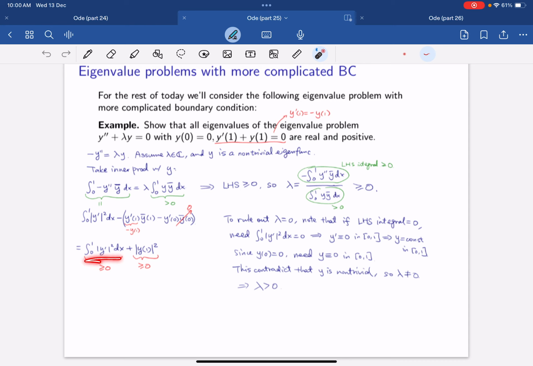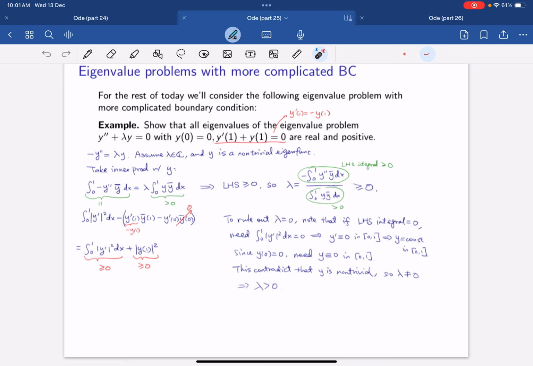For this to be 0, y1 must be 0, so that means y prime 1 must be 0. And for this to be 0, it means that y prime must also be identically 0 throughout. So y is a constant, but we know y(0) is 0, so y is 0 throughout. But this contradicts the non-triviality of y, so lambda must be larger than 0.